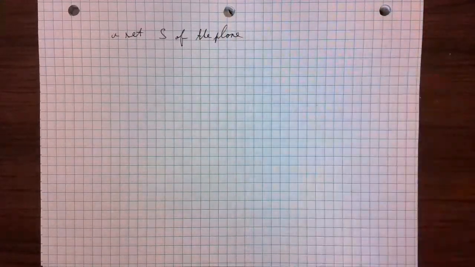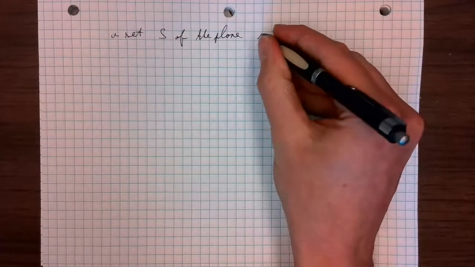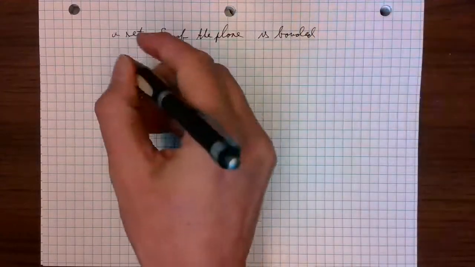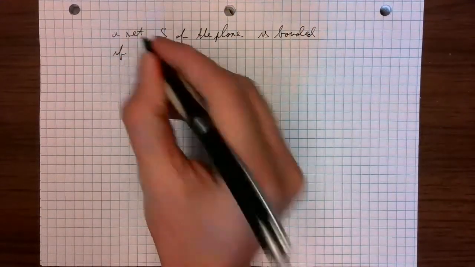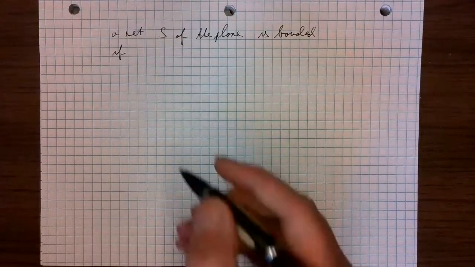Let's just do it in two variables. So a set S of the plane is bounded if it's within a certain fixed distance of the origin.